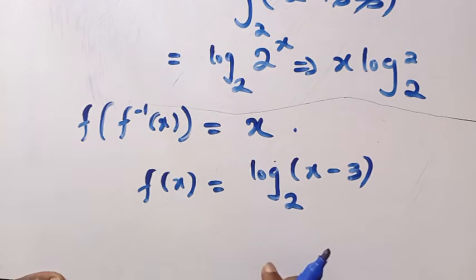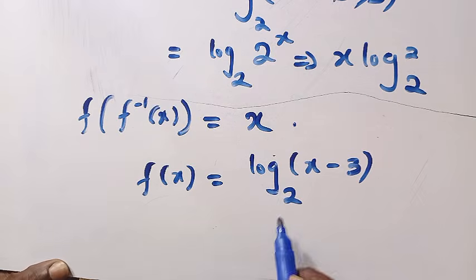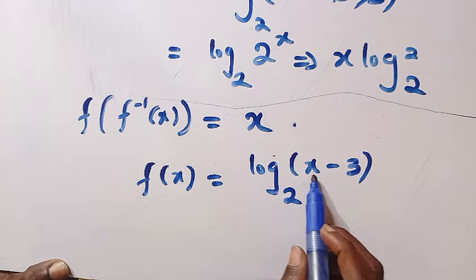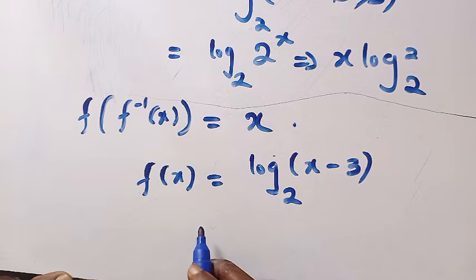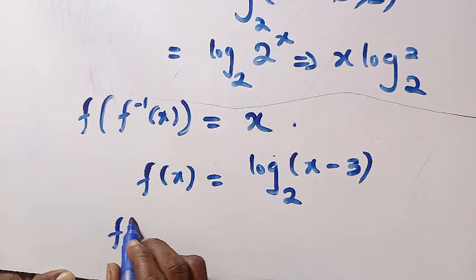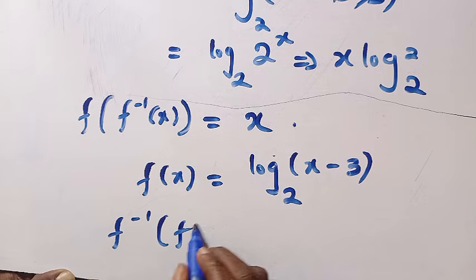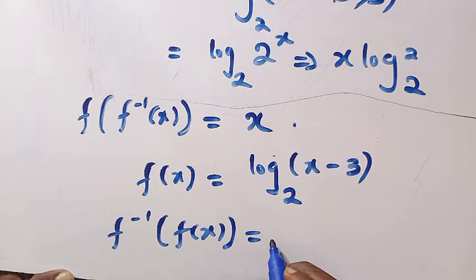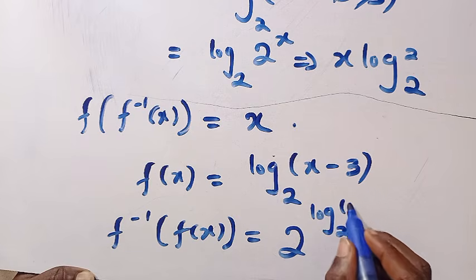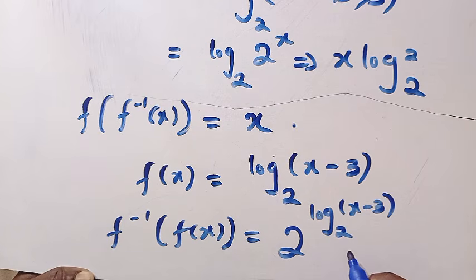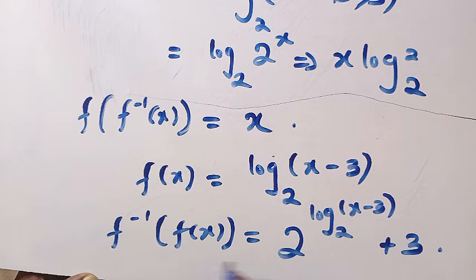So taking the inverse of this, it means we are going to substitute the whole of log base 2 of (x minus 3) into 2 to the power of x plus 3. And therefore we have f inverse of f of x, which gives us 2 to the power of log base 2 of (x minus 3), then plus 3. Let's try to simplify this.